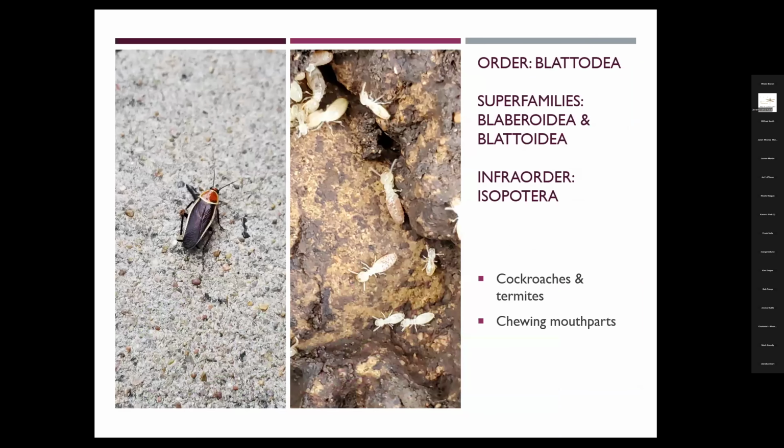The order Blatodia, it used to just be the cockroaches, and that was back when they looked at morphological characteristics of insects, and they grouped things together by ones that looked similar to one another, and they said, oh, okay, you're all going to be in this group.